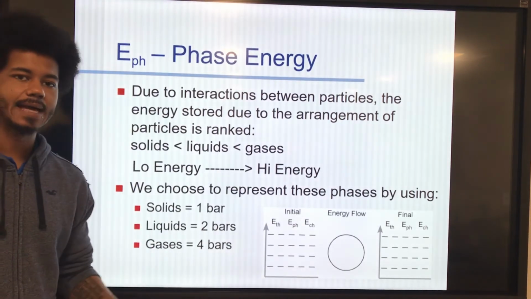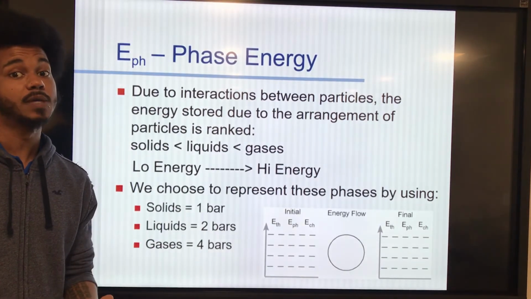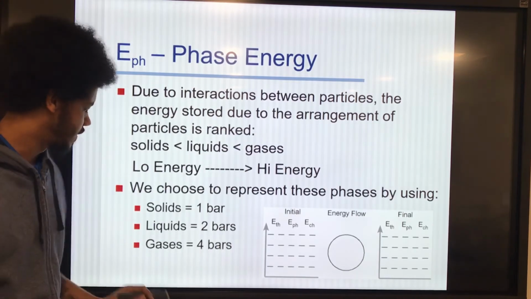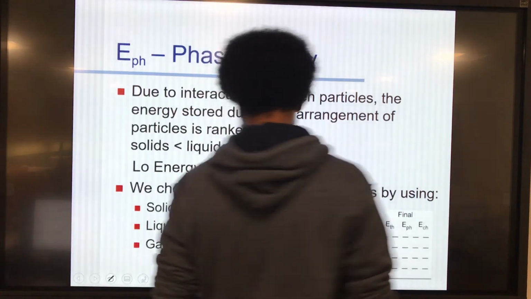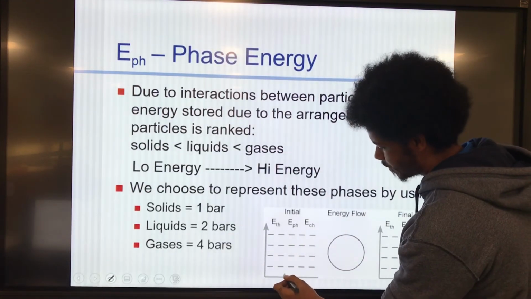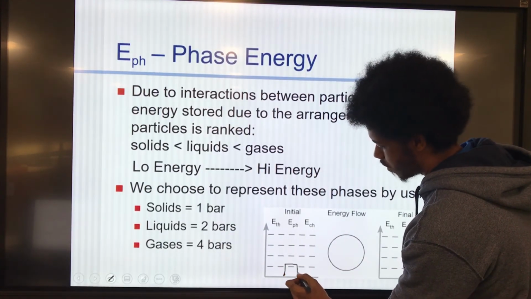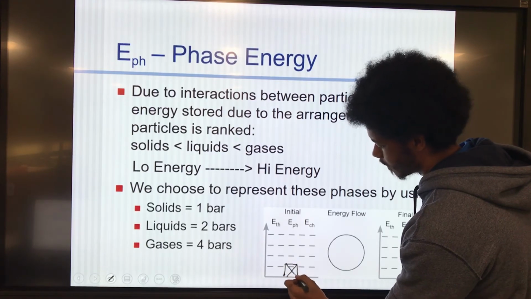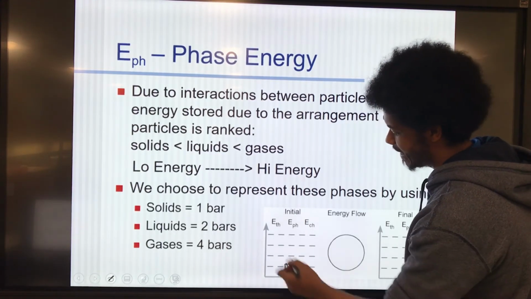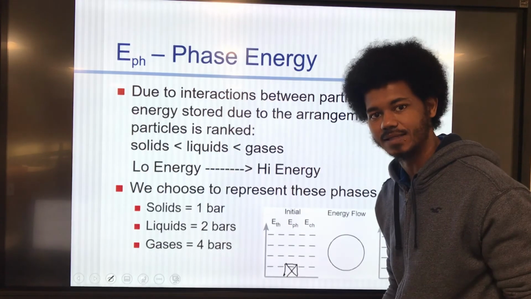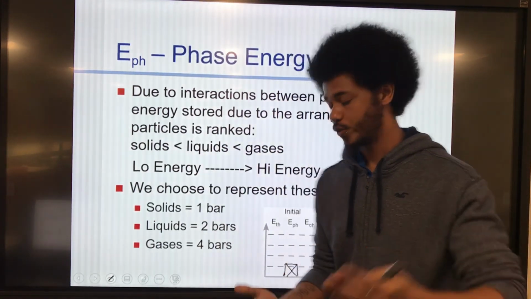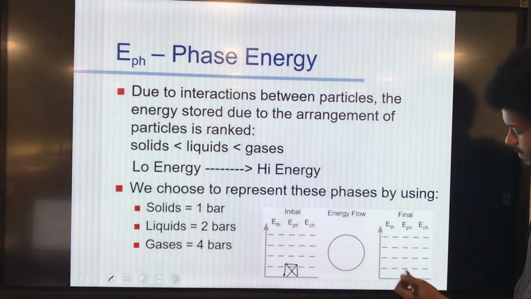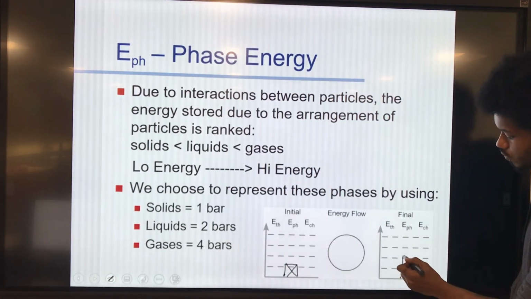So let's say I'm talking about an ice cube that is melting. This ice cube is a solid, so in my phase energy column, I would just draw 1 bar to represent the phase energy. Now, a solid melts into a liquid, so the final energy state would be 2 energy bars.